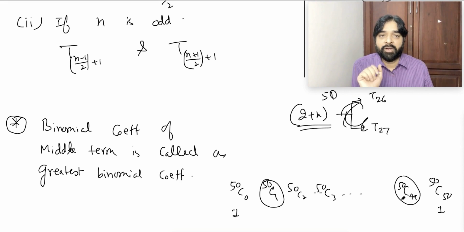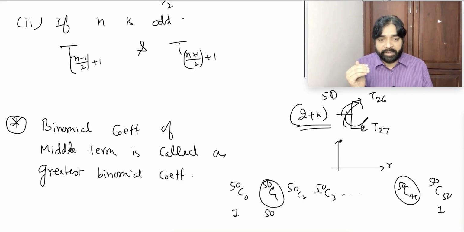Are you getting my point or not? That means now this value is 1, and this value will be bigger than 1. It means in any binomial expansion, if I try to think graphically with R and N, you will see that the NCR value first increases and after that it decreases and comes back to this point.